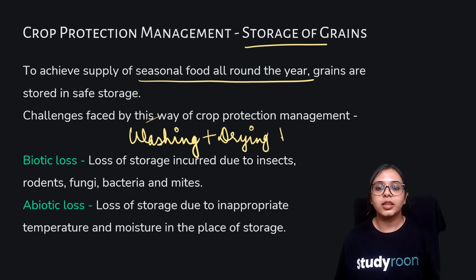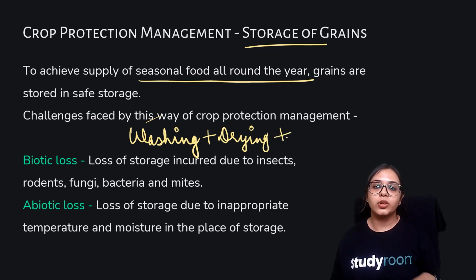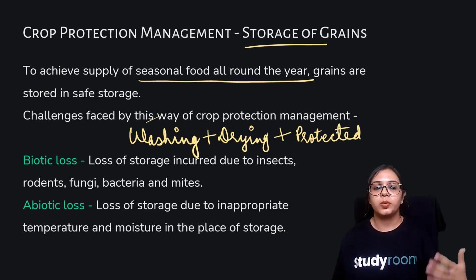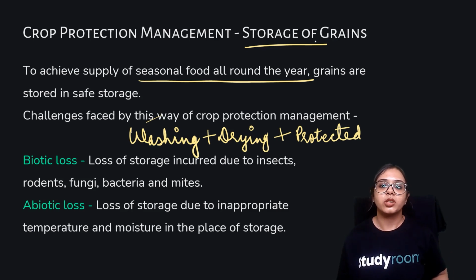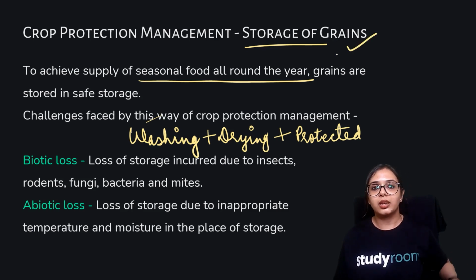And the third thing that you can do is that while you are storing them in a particular area, you should ensure that they are in shade and protected from harmful pests and other damaging organisms that would damage this grain storage, and that would ultimately lead to a shortage of that particular grain.